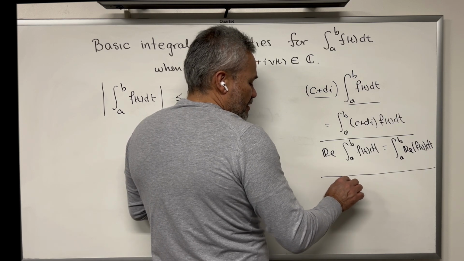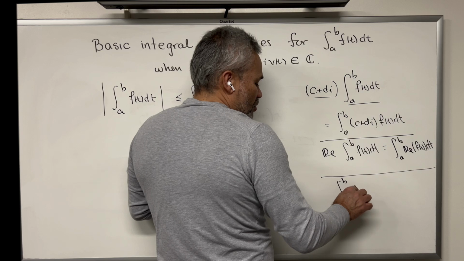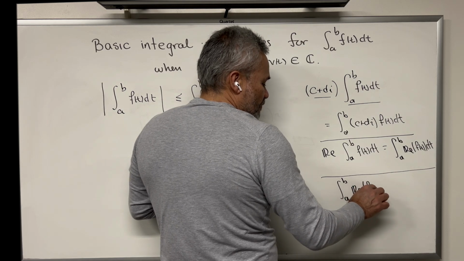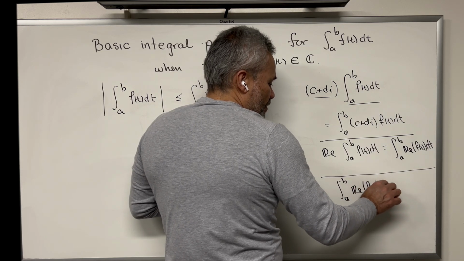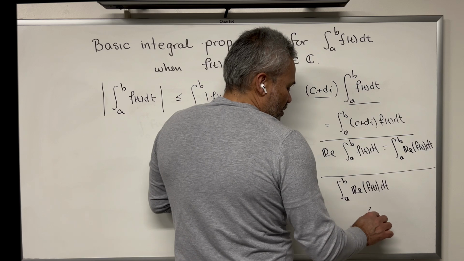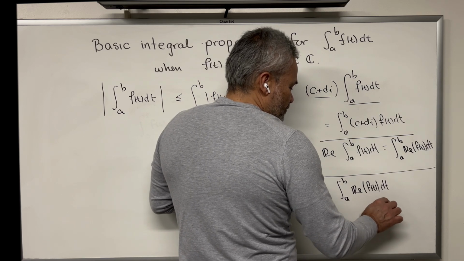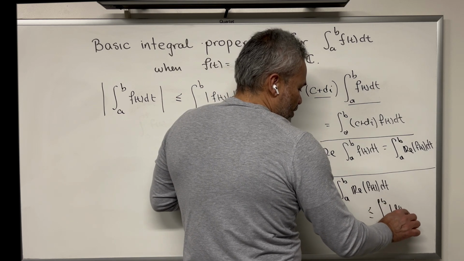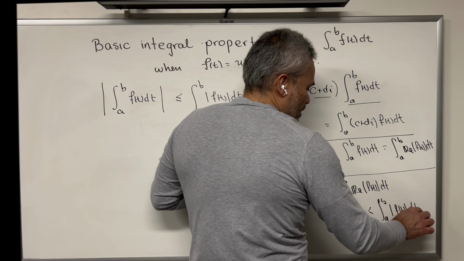If you have the integral from a to b of the real part of a function f of t dt, this is smaller or equal than the integral from a to b of the norm of f of t dt.